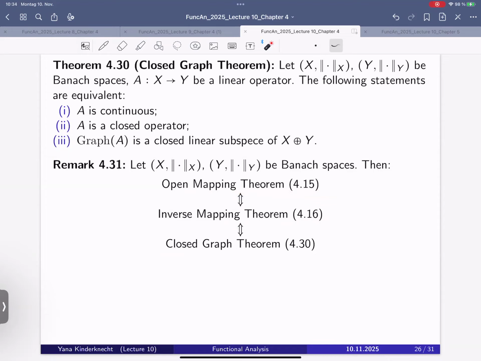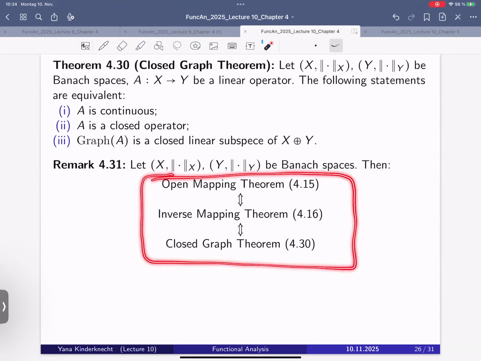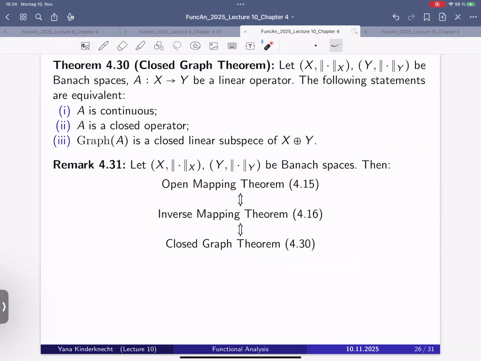So actually, we can start from any of these three theorems, prove it independently from all the others, and then obtain all the others using only one theorem proved independently. Okay, so that's it, and probably this is the list of interesting or important theorems of linear analysis of linear operators in Banach spaces so far. And now I'm going to discuss the next section.